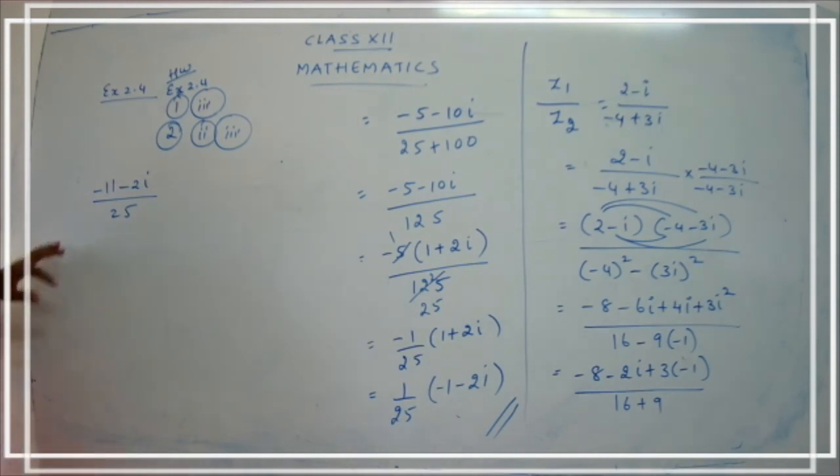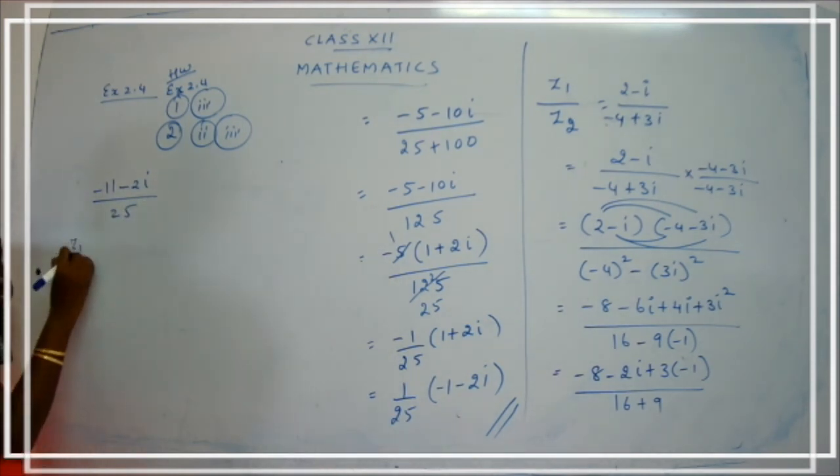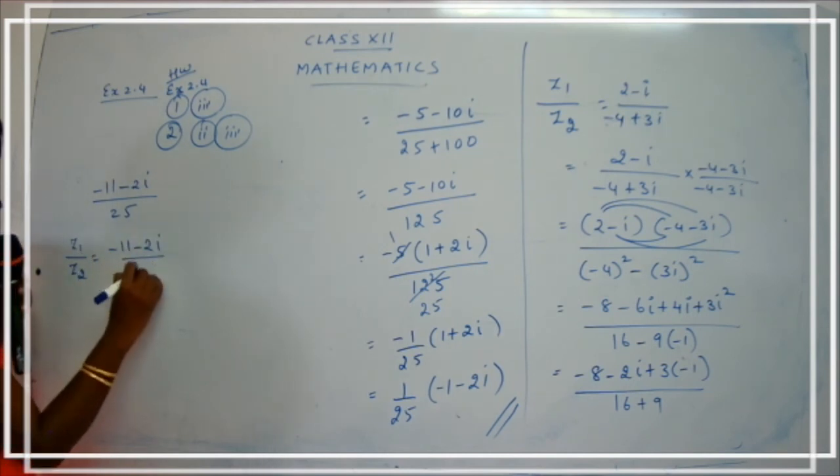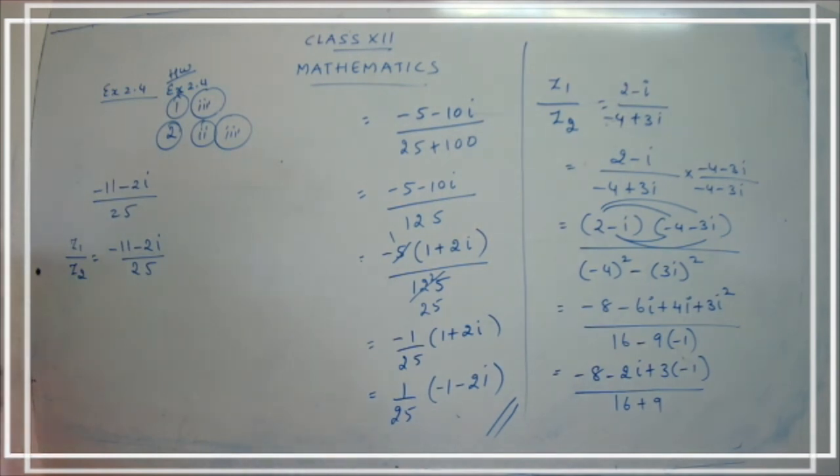Okay, so what we have found here is z1 upon z2, yes children. So we have to find the inverse of z1 upon z2. So z1 upon z2 is equal to minus 11 minus 2i upon 25. Let's find out the inverse for it.